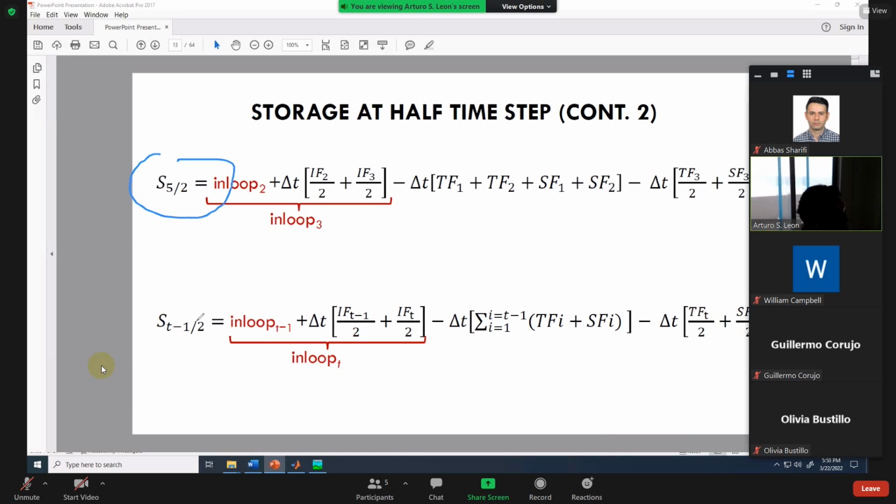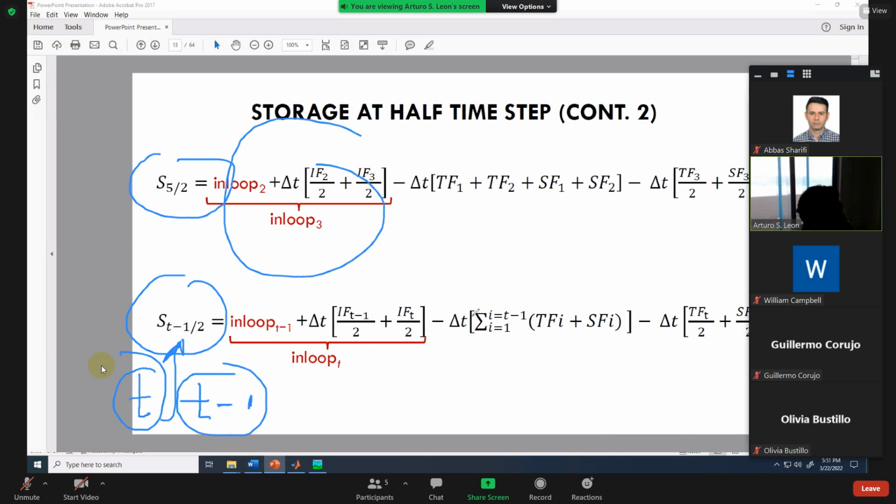So for any time between time t and t minus 1, this is going to be the formula for the storage. It will be this, and then minus this one, times delta t. This is the general formula for any average time step between t and t minus 1.